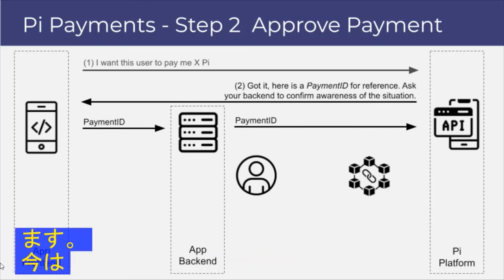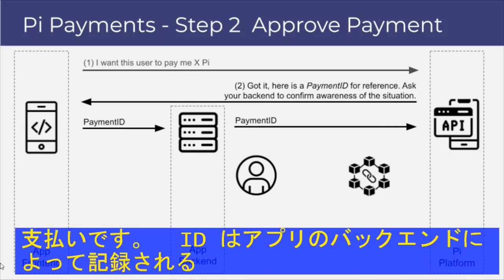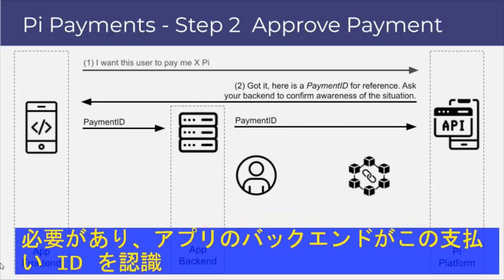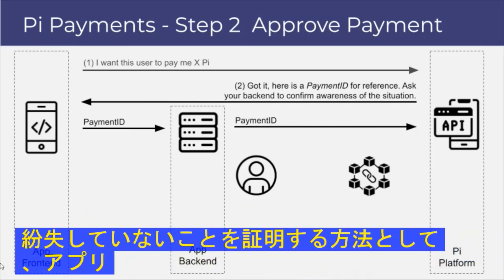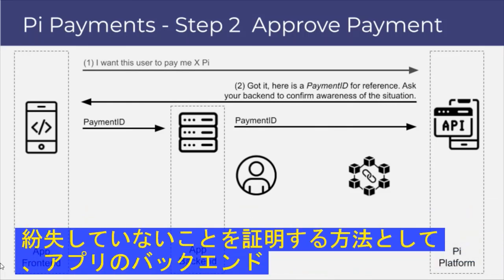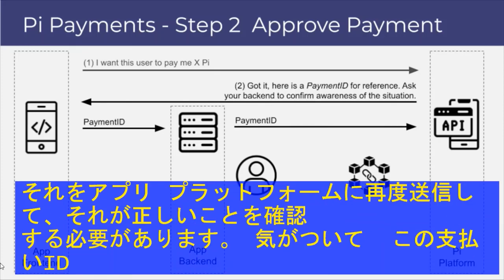Now, the payment ID has to be recorded by the app backend, and as a way to prove that the app backend is aware of this payment ID and isn't going missing, the app's backend has to send it again to the Pi platform to confirm that it's aware of this payment ID.